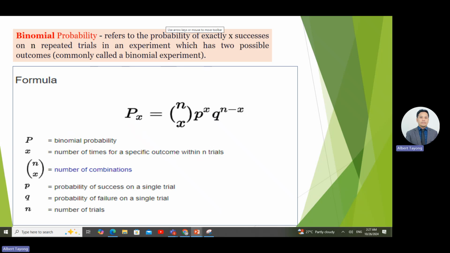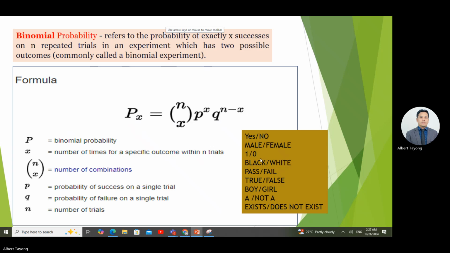Let us have an example for you to understand what n, x, p, and q are. There are many examples of binomial events in reality. An example of that is, of course, gender, where we have male or female, binary numbers, 1 or 0, responses, yes or no, color, black and white.